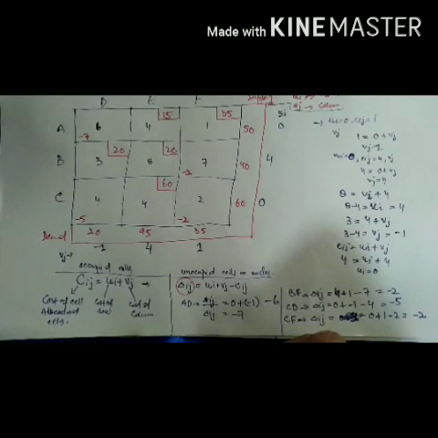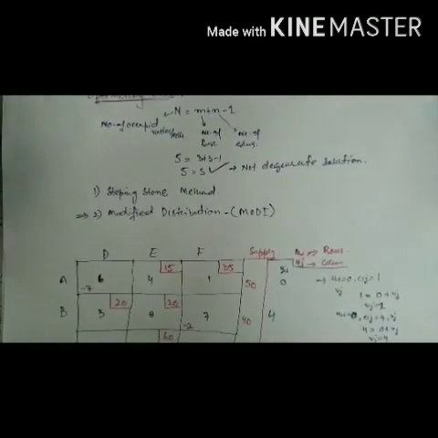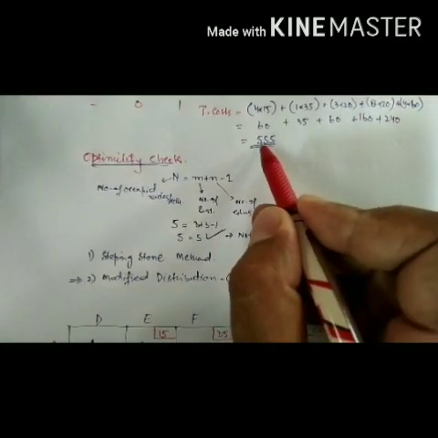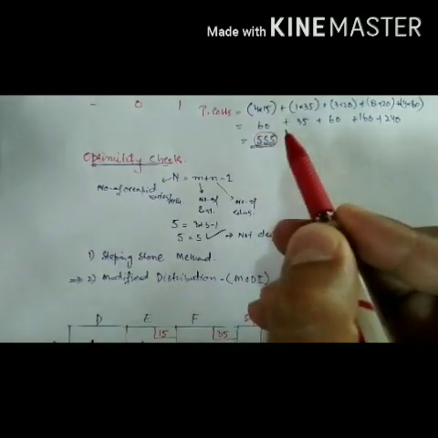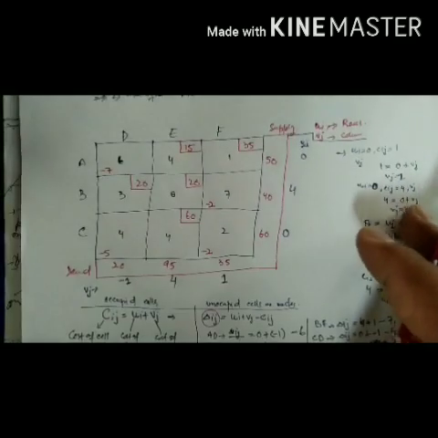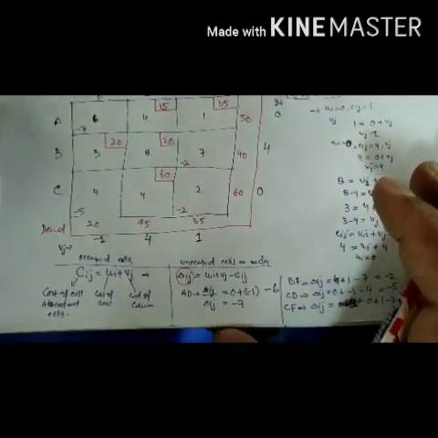We do not need to optimize it further because there is no room to optimize it. We have got the transportation cost of 555. This is the lowest transportation cost which I can achieve from this problem by using the Modi method. There is no further reduction in the costs.